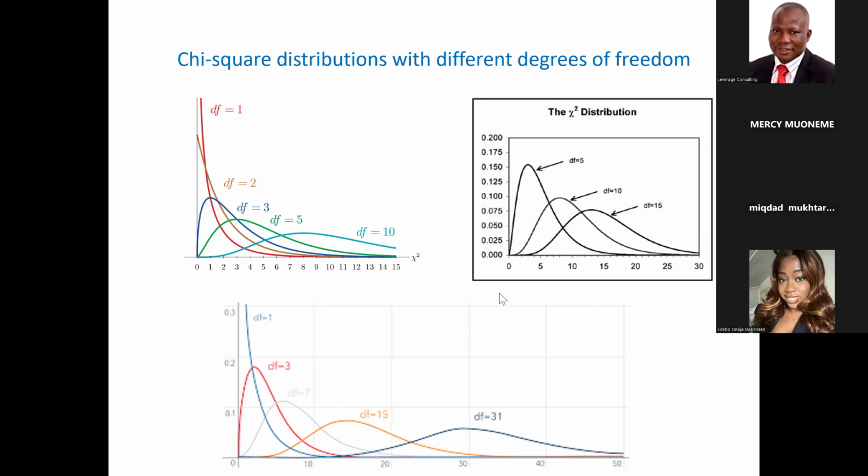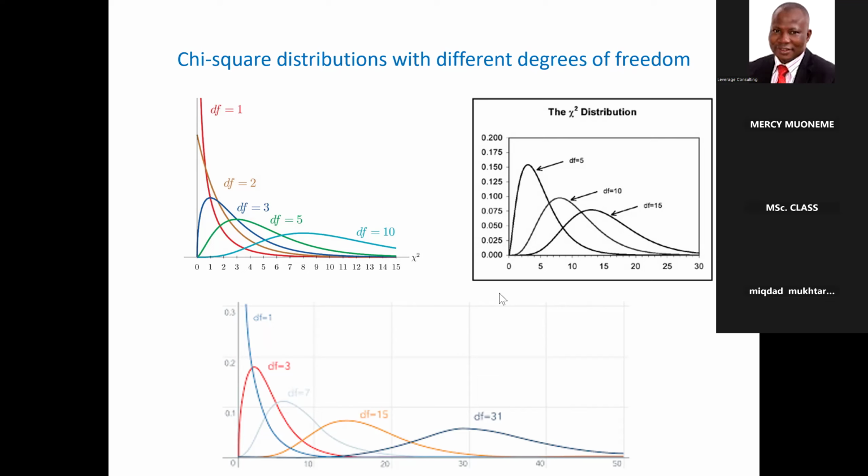Someone says flat. Becoming more flat, but what is reducing in the graph? What happened to the shape? The distribution shape is changing. It's becoming more symmetrical. Yes, more symmetrical. Becoming like normal distribution.